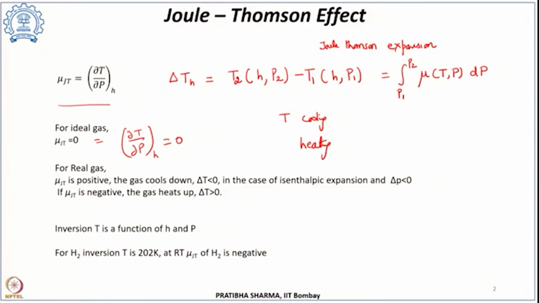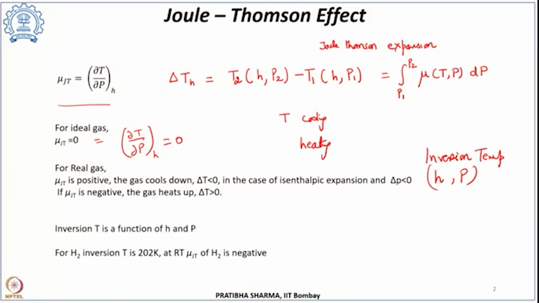Now, there is a temperature which is known as the inversion temperature. This inversion temperature depends upon enthalpy and pressure, so it is a function of enthalpy and pressure. Depending upon which thermodynamic state it is, we can have a Joule-Thomson coefficient that is either positive or negative.